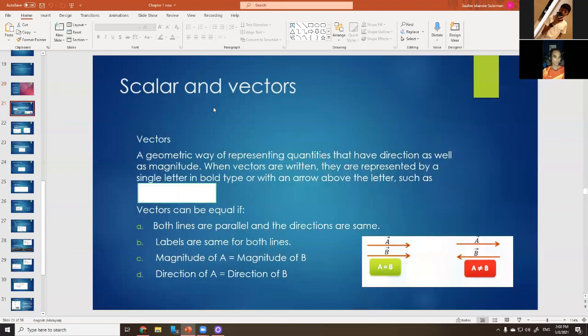So in maths, vectors are a geometric way to represent quantities that have direction as well as magnitude. When vectors are written, they are represented by a single letter.